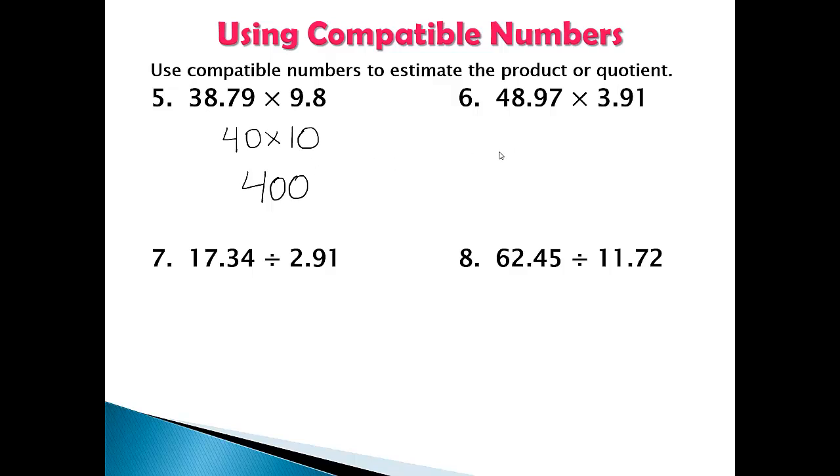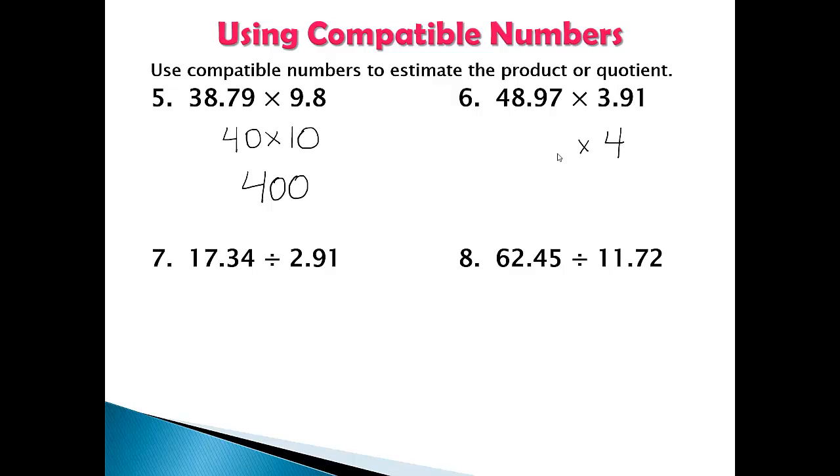So for number 6, we have 48 and 97 hundredths times 3 and 91 hundredths. If I look at the 3 and 91 hundredths, that's very close to 4. So we're going to start with 4 and see if that helps us. And now for 48 and 97 hundredths, if I would round this to the nearest whole number, I would get 49.